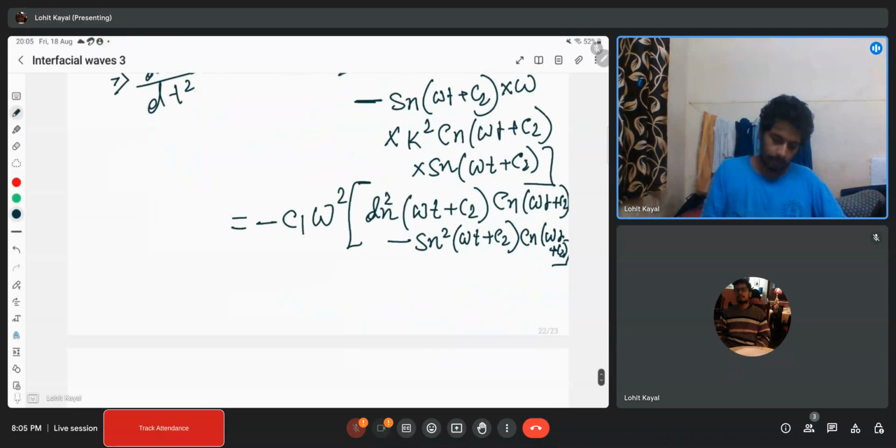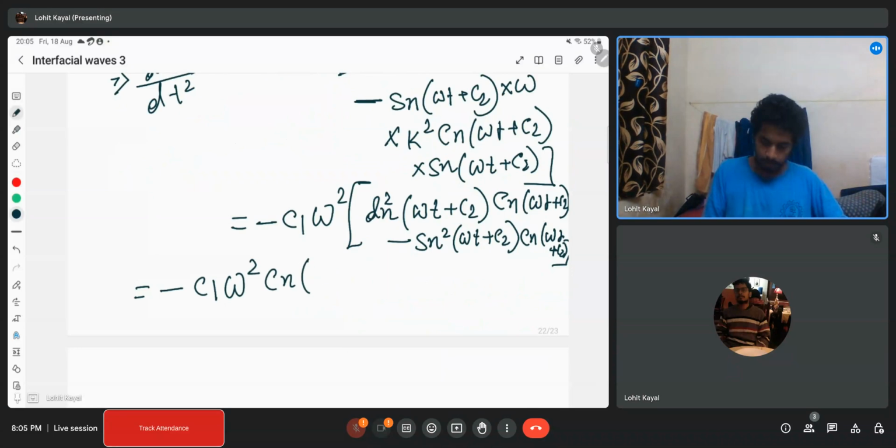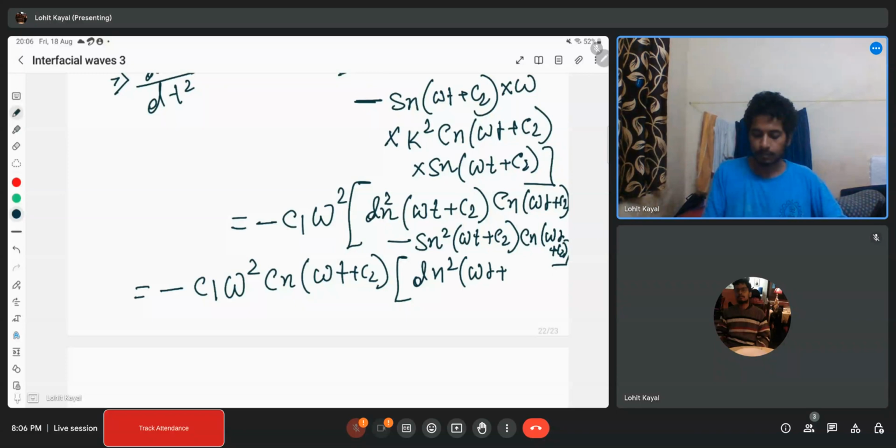Now I can take cn(ωt + c2) as a common factor. So my c1 ω² cn(ωt + c2) [dn² minus sn²](ωt + c2).